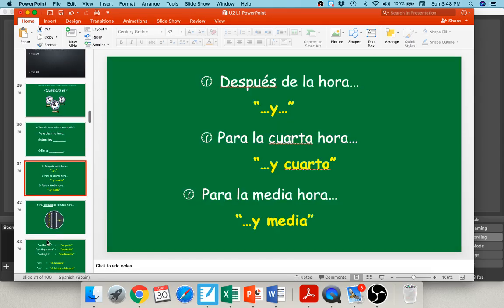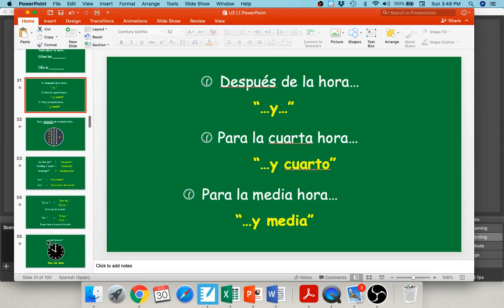So, as we keep looking, I just want to give you a few other expressions. We talked about these briefly earlier, but I just want to make sure you know them. As we're completing these math problems, we use the word y in order to add the time together. So, for example, at 8:30, we're adding the time together.